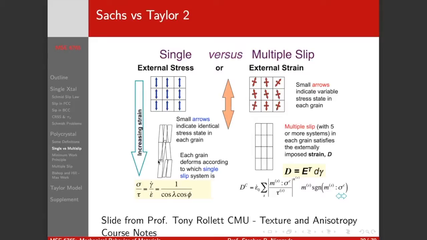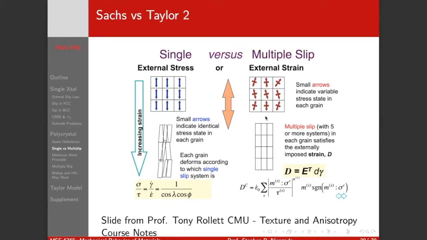They're all going to rotate and stretch in different ways. And so we violate compatibility. Turns out that if we have a single stress state that is aligned with the tensile direction, we end up with single slip in each grain, and basically the Schmid law tells us what's happening.